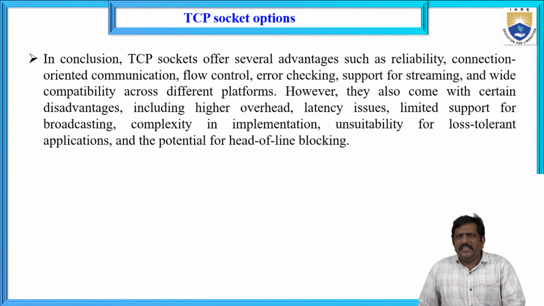However, these TCP socket options come with certain disadvantages, including higher overhead, latency issues, limited support for broadcasting, complexity in implementation, unsuitability for loss tolerant applications, and the potential for head of line blocking.